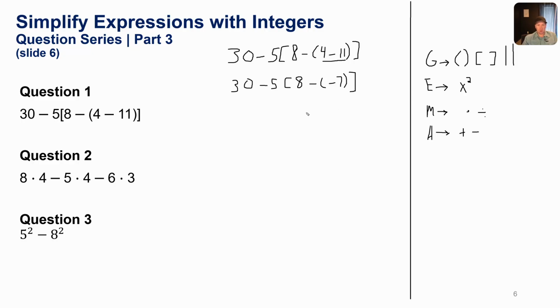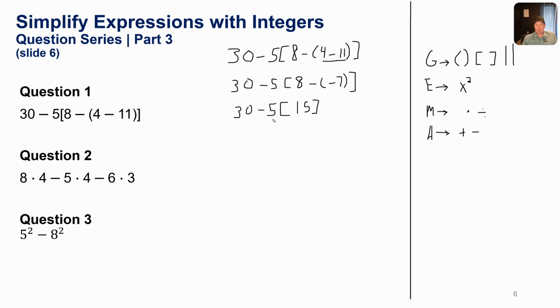Now at this point, I am going to do what's inside the bracket to finish it, which is 8 minus a negative 7. I'm subtracting away a negative 7, which is the same as adding a positive. Subtracting a negative, adding a positive. So adding 7 to 8 is 15. So rewriting this, I have 30 minus 5, bracket, positive 15.